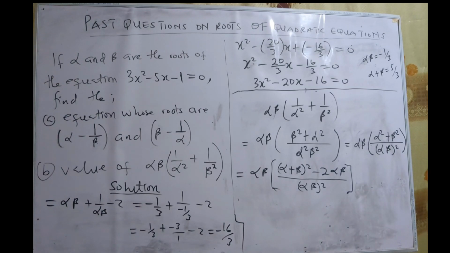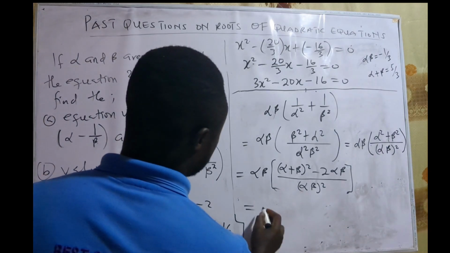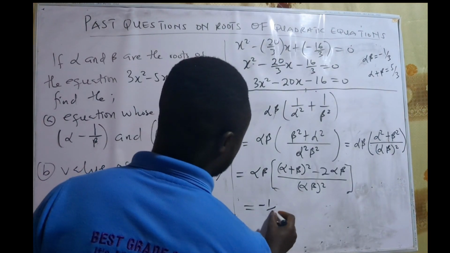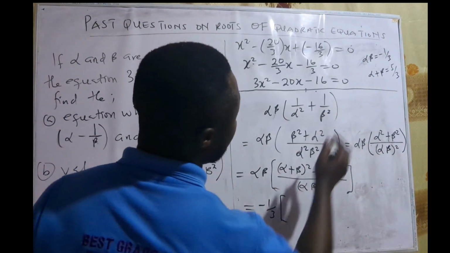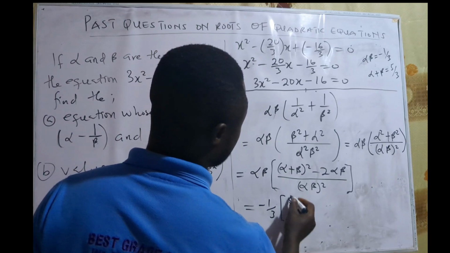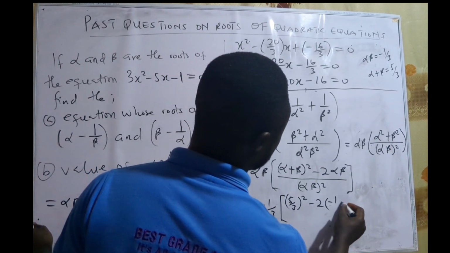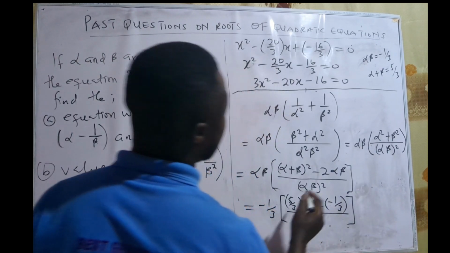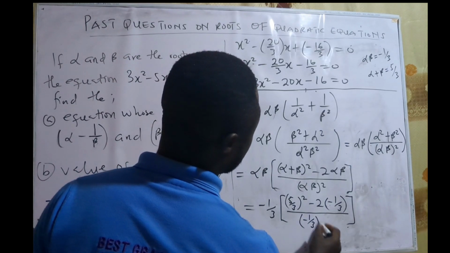Alright, so now we have gotten whatever we need. We can go on and simplify. What is alpha beta? Alpha beta is minus 1 on 3, into the bracket: alpha plus beta will give us 5 over 3, all squared, minus 2 alpha beta, which is minus 1 on 3, all divided by alpha beta all squared, that is minus 1 on 3 all squared.